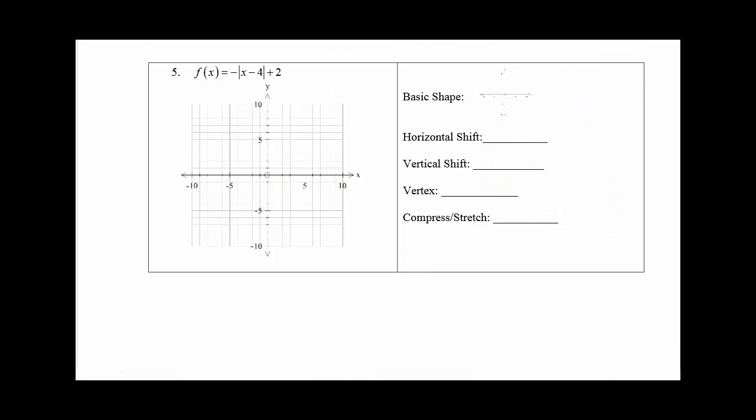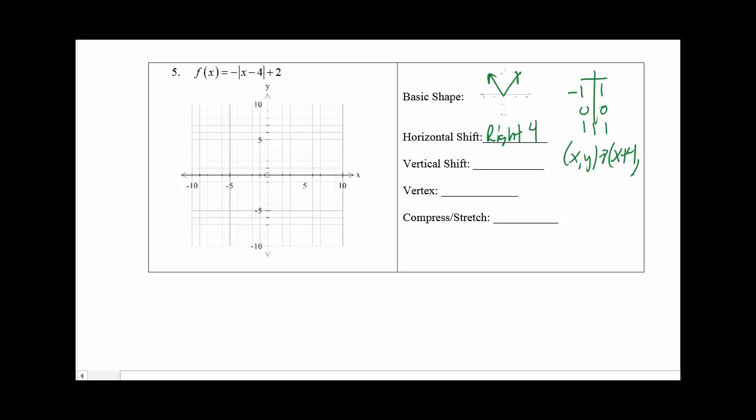Alright, so what is our parent graph? It is an absolute value, and its critical points go through (-1, 1), (0, 0), and (1, 1). And what's happening with our mapping here? So the axis is x minus 4, so that means we're adding 4 to the x's. So we're going to move it right 4.